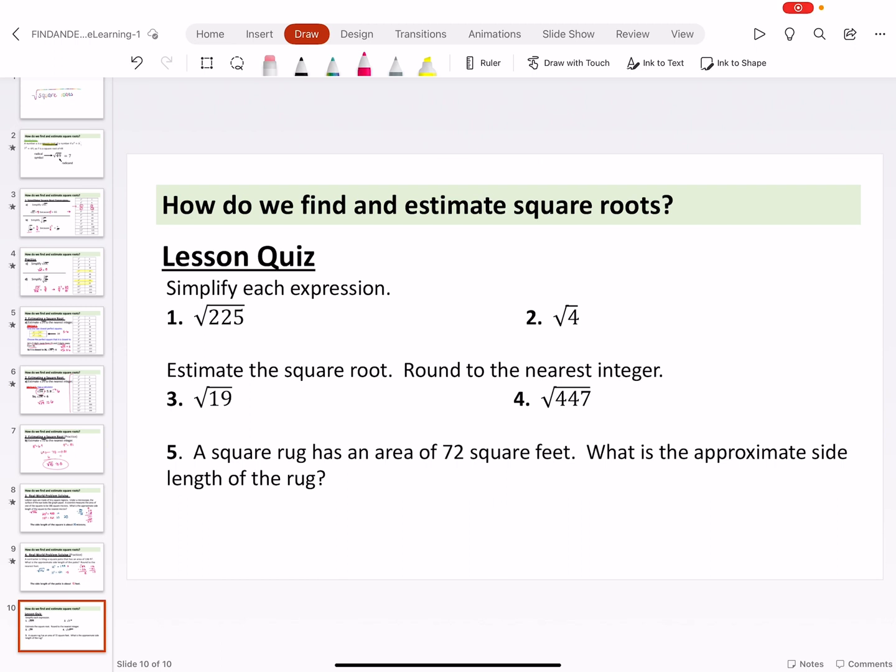All right, hopefully this is you checking back in. So the approximations for these are 15 for number 1, 2 for number 4, 4 for 19, 21 for 447, and approximately 8 feet for number 5.